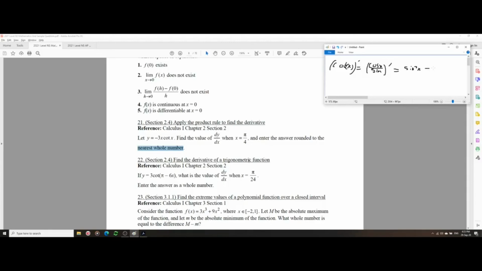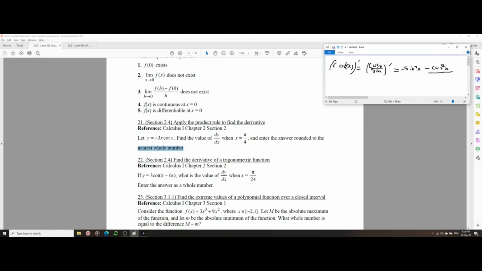There's a minus here, but wait, I just made a mistake. We said the derivative of cosine is not sine, it's minus sine, sorry. And sine here, yeah, so minus sine, because the derivative of cosine is minus sine, so minus sine times sine, that's minus sine squared, minus sine, derivative of sine is cosine, times cosine, so that's minus cosine squared.